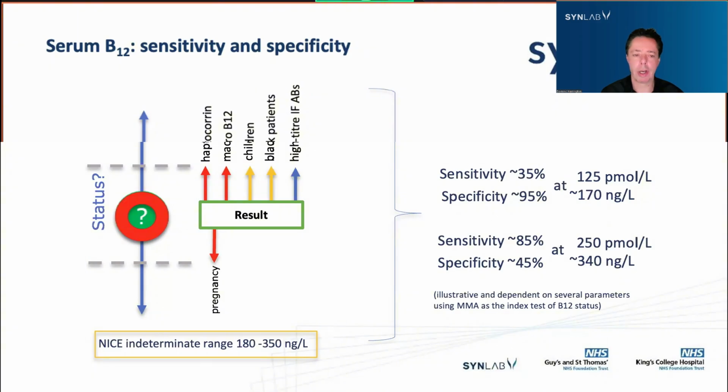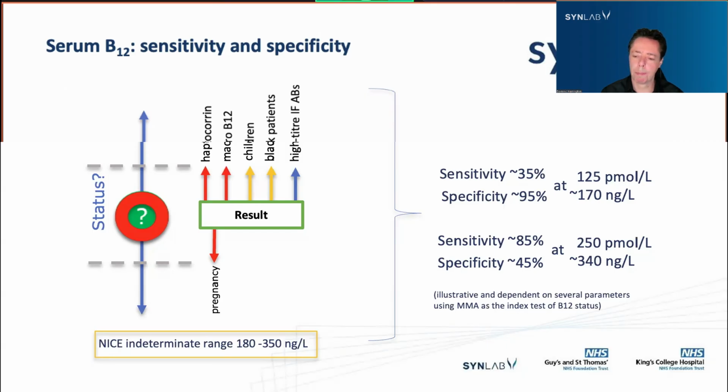This means that out of every 100 patients who are B12 deficient and have the serum B12 test, if that's your reference interval, only 35 of those will get the correct diagnosis. That means that nearly everybody you've told that they are deficient, the sensitivity is poor.